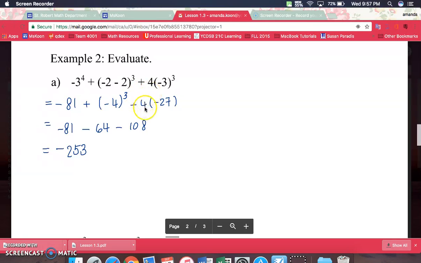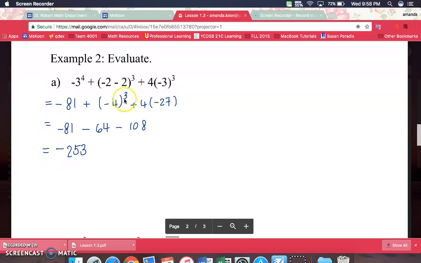And then leave the 4 because we're not doing anything yet, but let's evaluate (-3) to the power of 3, which will be -27. Next, we still have some brackets, we still have multiplication, and we still have exponents. So we're not going to touch the negative 81 yet, so let's leave it.